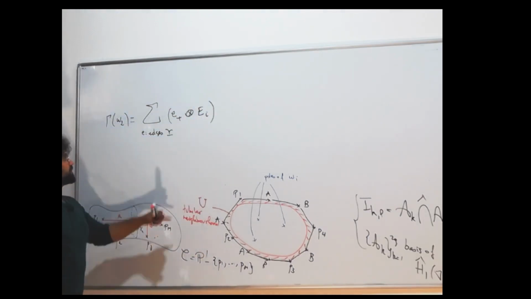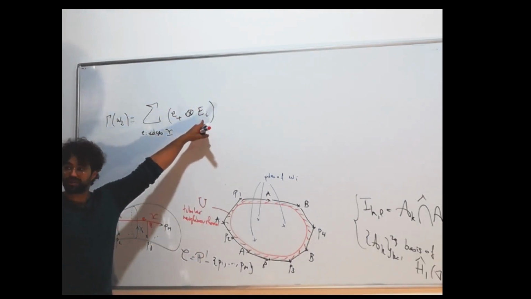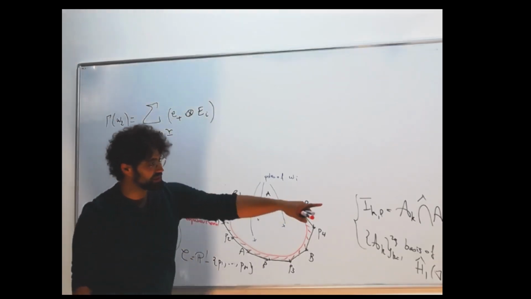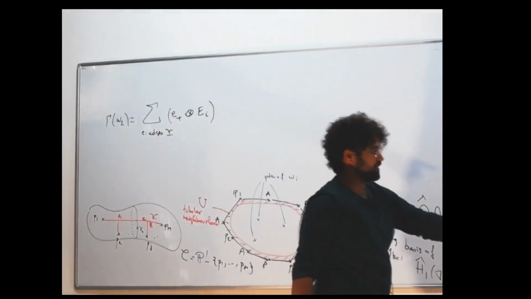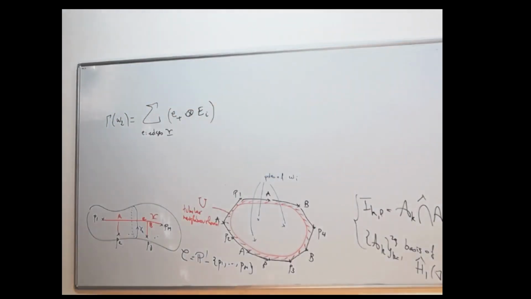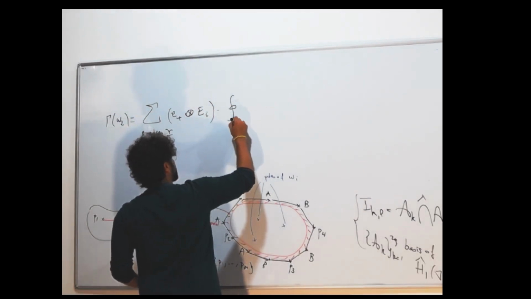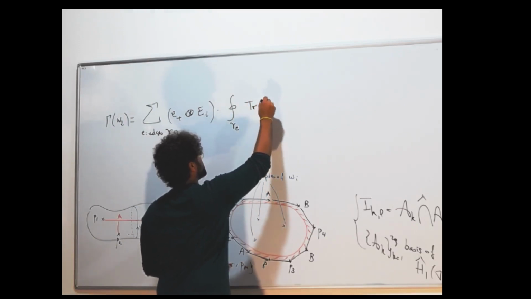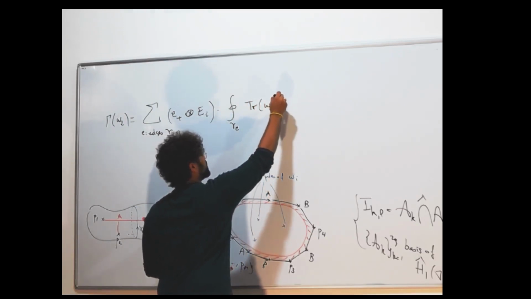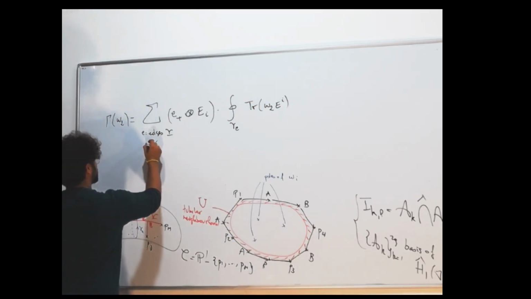Okay, so this is a chain weighted by a matrix, times the numbers that appear, which are the integral over gamma E of trace omega 2 EI. And there's a sum over I also.